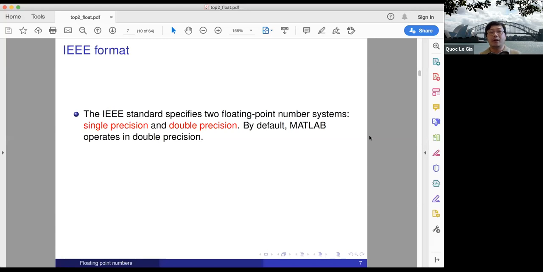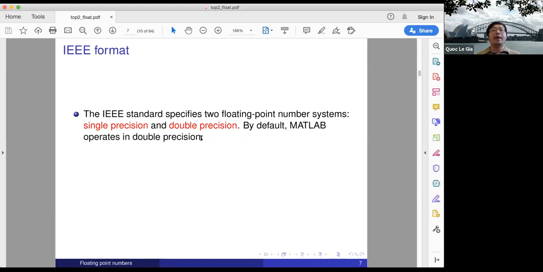It's an organization that defines the standards for electronic devices, back in the 70s and 80s, and maybe still up to now. And I think they were the first ones who decided how the floating point number system should be inside the CPU of the early computers, and until now.